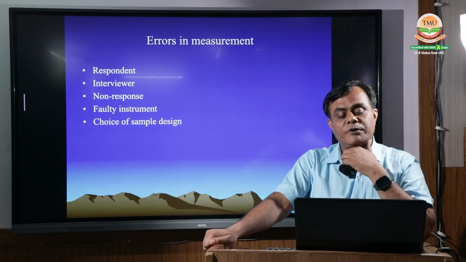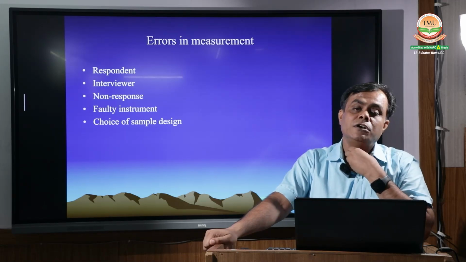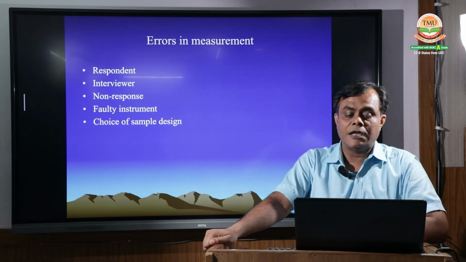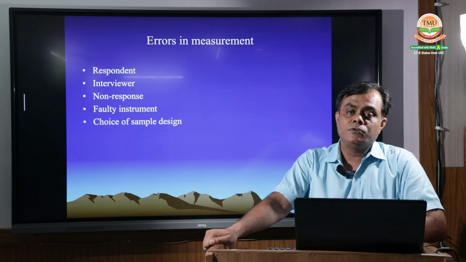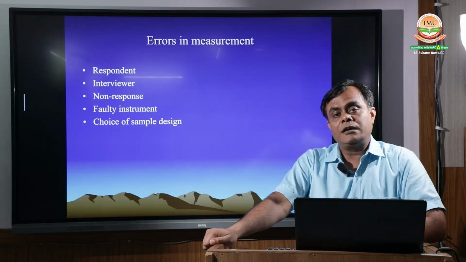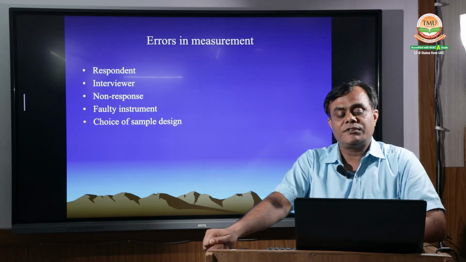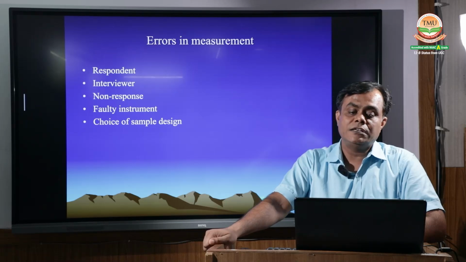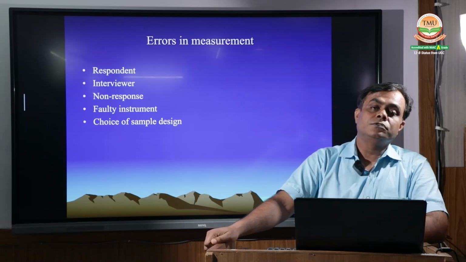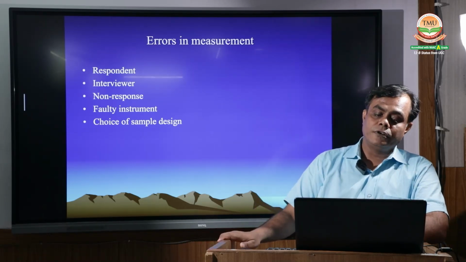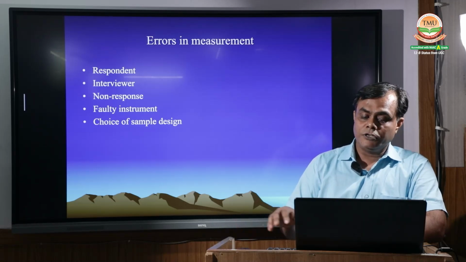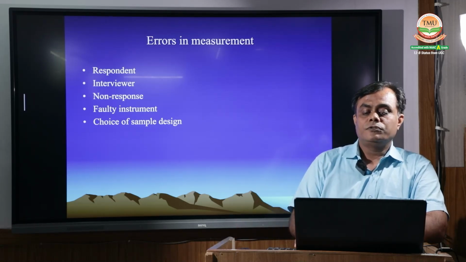And choice of sample design: sometimes you are not using a particular type of sample as per your requirement, so due to that faulty selection of the sample design, error also occurs, and that type of error is known as error due to the choice of sample design.